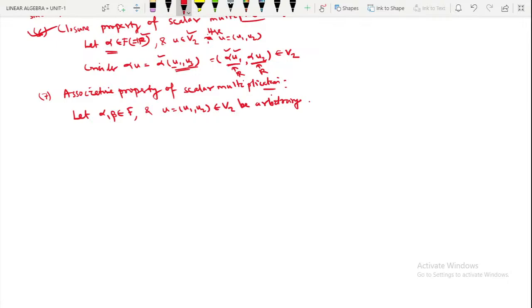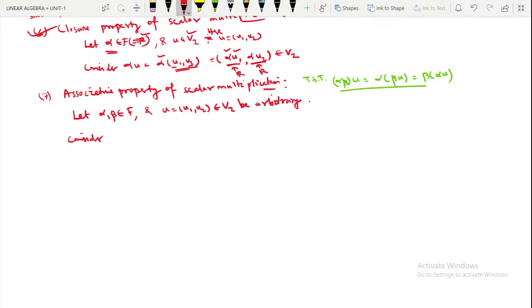Now if I consider alpha beta times u, we know what we have to show. Roughly I am writing: alpha beta times u equals alpha times beta u, and this equals beta times alpha u also. We have to show this.